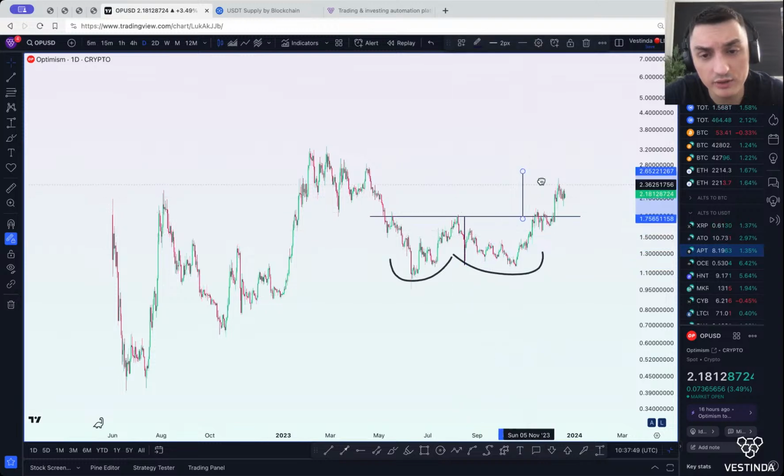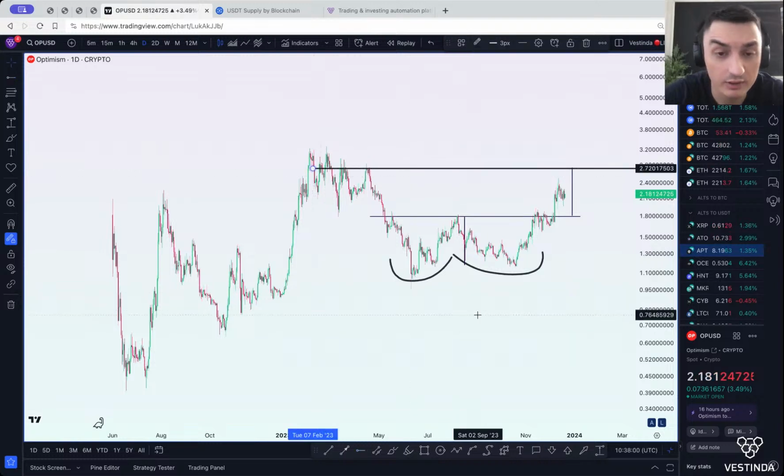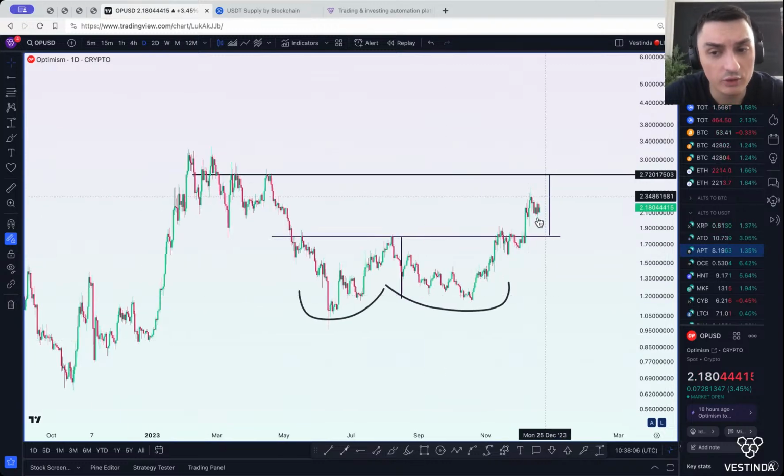So if the formation is this height, then we're going to see a price breakout by the same amount. So we're probably going to see the 2.6, 2.7 level, which is around the corner. We're currently at 2.2, so 2.7 is really close, and we will probably reach it within a few weeks.